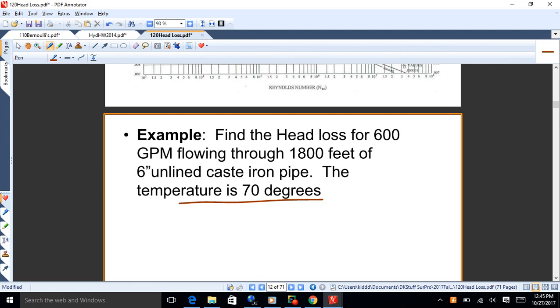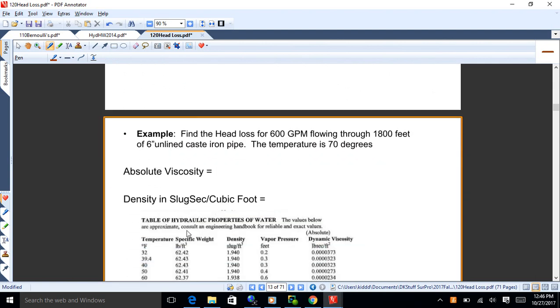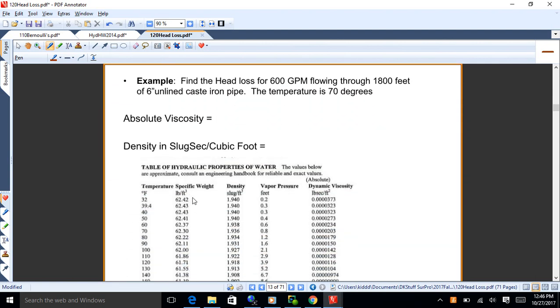So we're at 70 degrees. We want the density, which is 1.936. Now this is the actual density, so the density is 1.936 slugs per cubic foot. And then the viscosity, which is how sticky the water is: 1, 2, 3, 4 zeros and a 203.